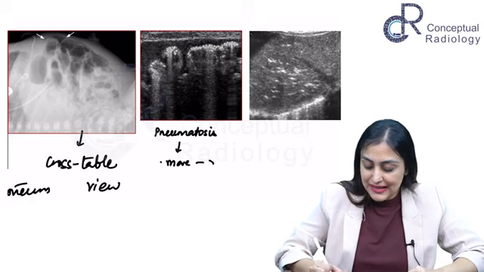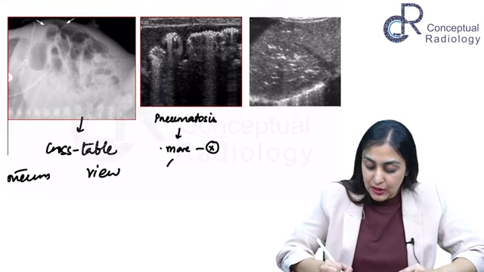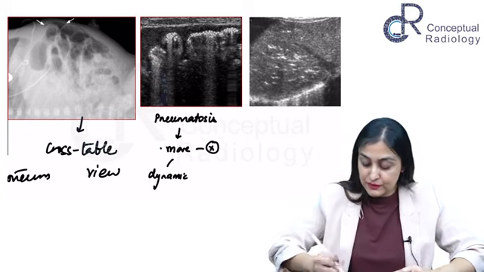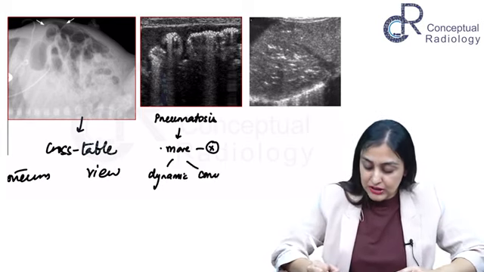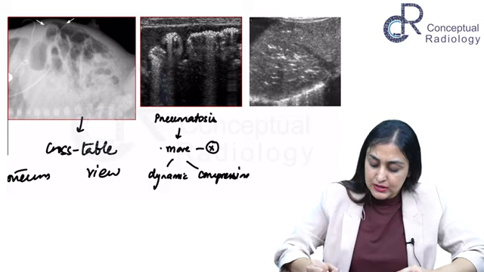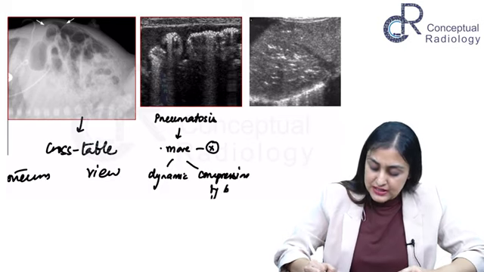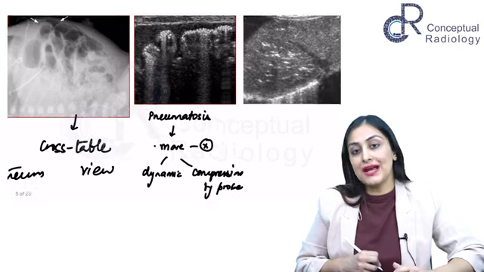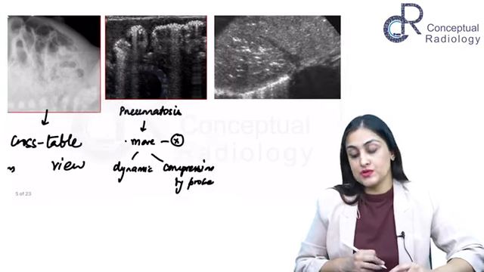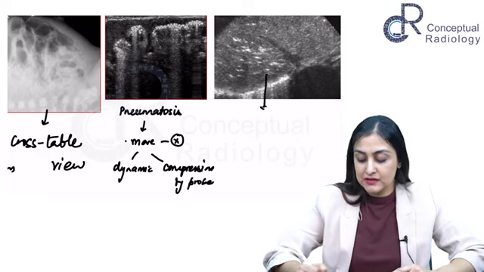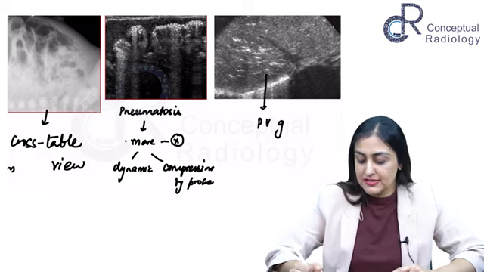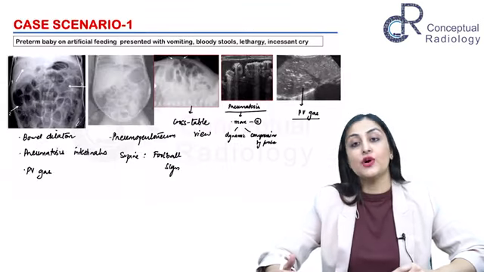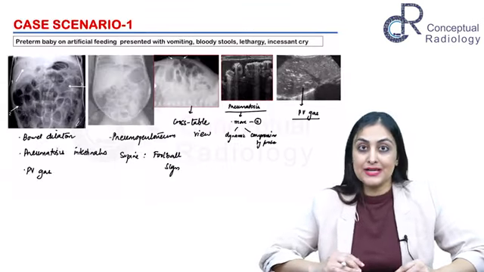This is air which is not moving on dynamic maneuvers, change in position of the baby, or on compression by the probe. This is a fixed air that you are seeing, so this is how you can diagnose pneumatosis. And finally, what you see here in the liver is portal venous gas. So ultrasound is a very good investigation for necrotizing enterocolitis.